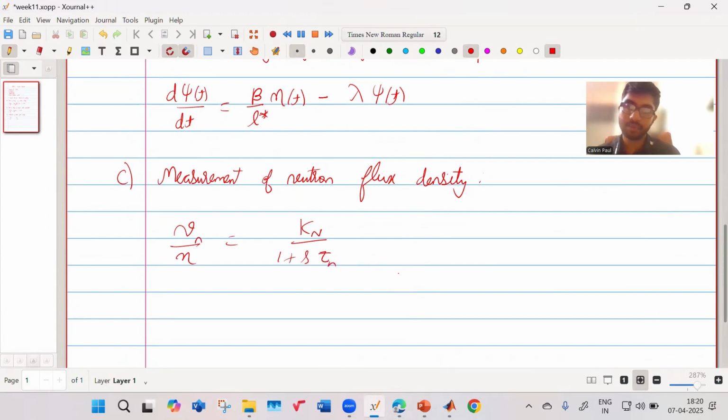Okay, there is an amplifier which has some filter and it slows down the measurement. So when we write it, what do we get?